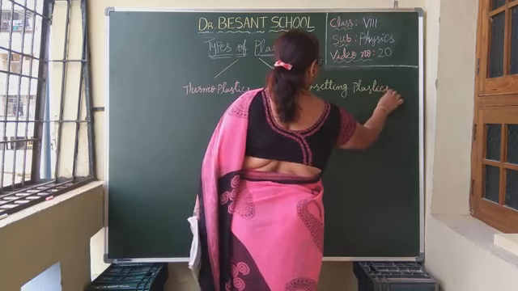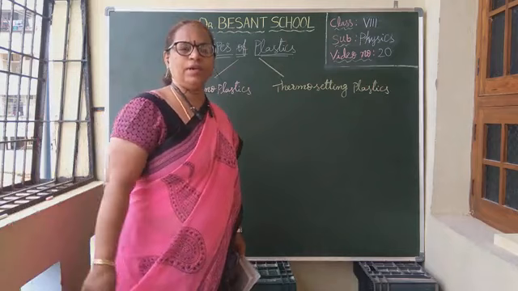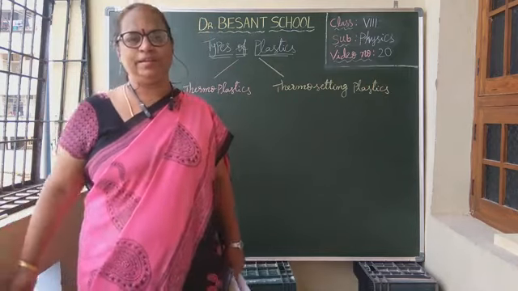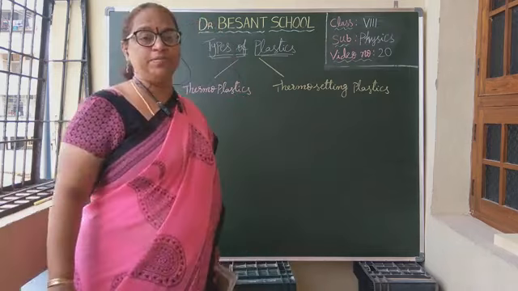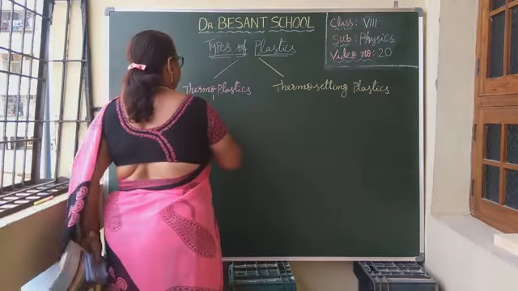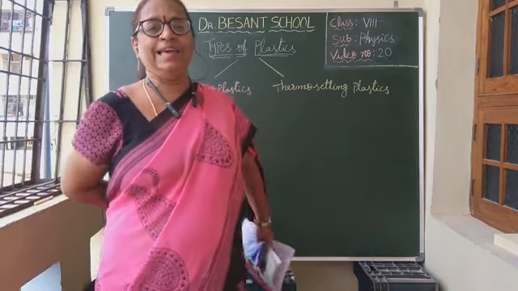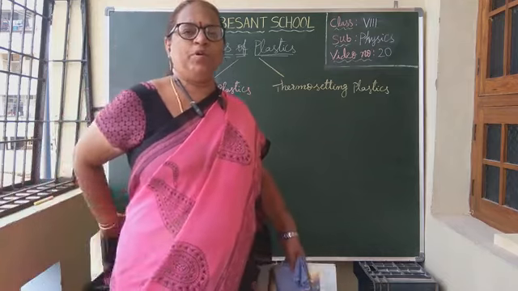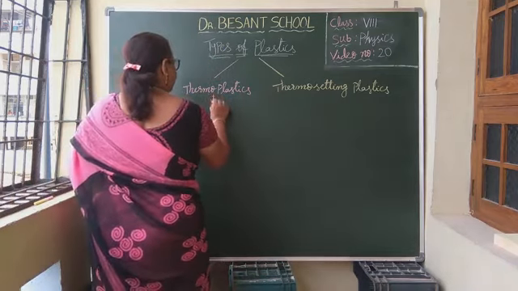Basing on the arrangement of monomers, as I already told in the previous session, plastics are divided into 2 types. In thermoplastics, how are the monomers arranged? They are in linear arrangement, isn't it? In thermoplastic, the arrangement of monomers is linear arrangement.